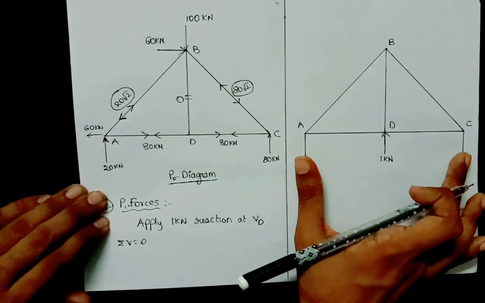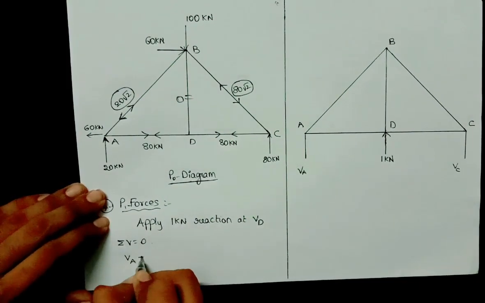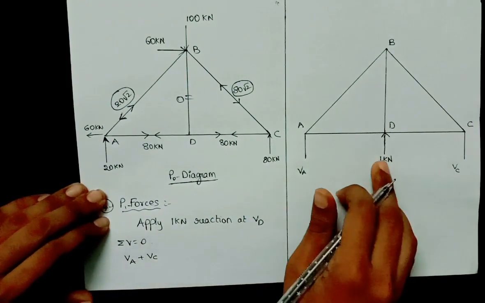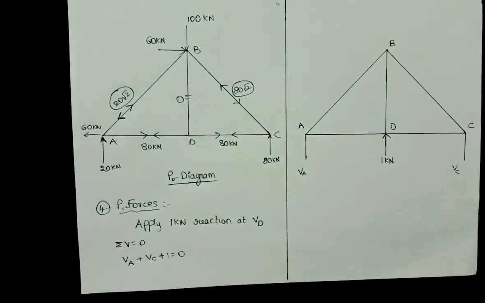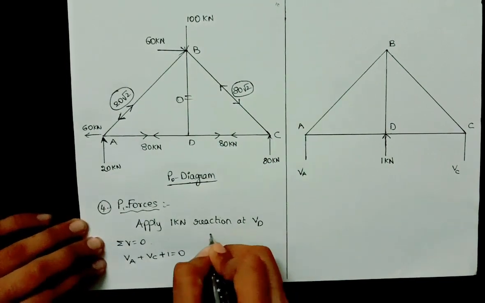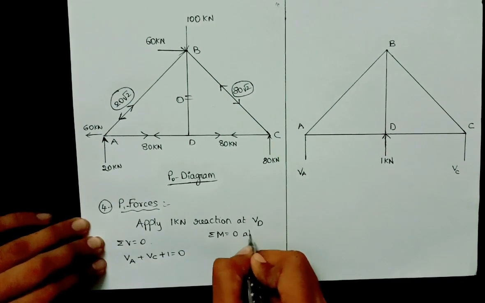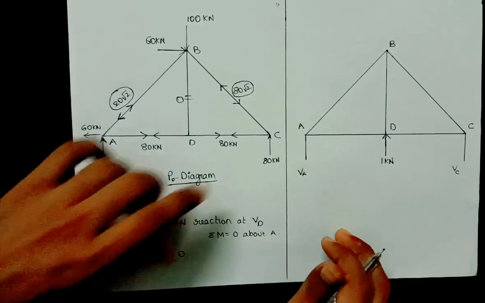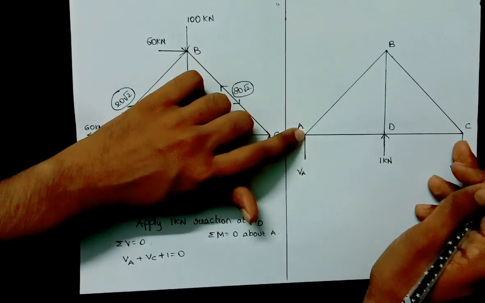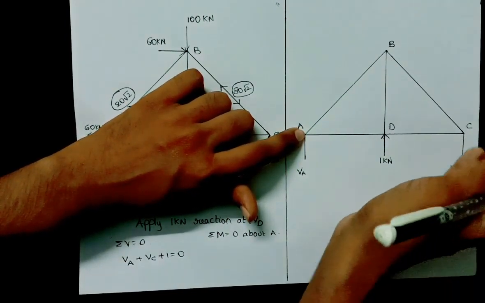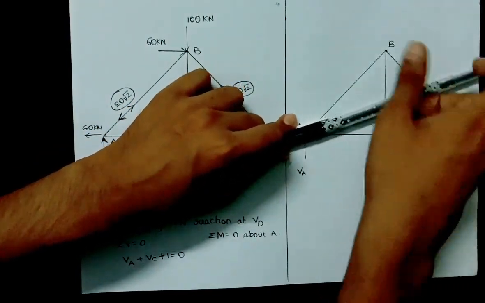Since these two forces that I assumed are in upward direction, I will write VA plus VC plus 1 kilonewton, which is also in upward direction, so plus 1 equal to 0. Now another equation, sigma M equal to 0 about A. I am placing my finger here, and this VC I have assumed in upward direction, so it is lifting the truss anti-clockwise.